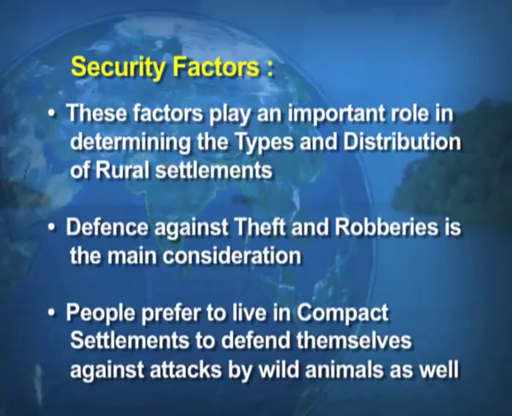So, people prefer to live in compact settlements to defend themselves against attacks by wild animals as well, because there are certain examples where wild animals enter the village and harm the village folk. So, they want to have security for themselves, and in such areas the village folk try to live in compact settlements.